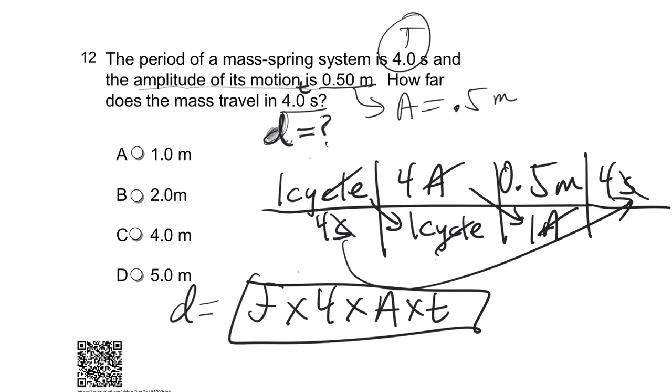Okay, so you probably can think this out without doing dimensional analysis, or you could use this equation that I came up with. Now remember, the frequency is 1 over the period if they give me the period, like they did here. So 0.5 times 4 is 2 meters.